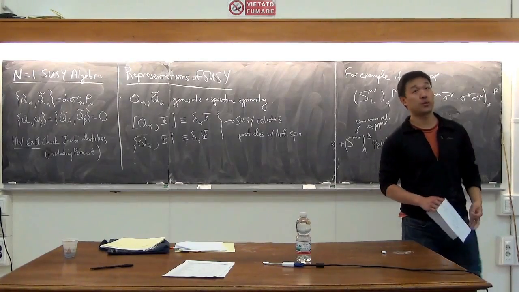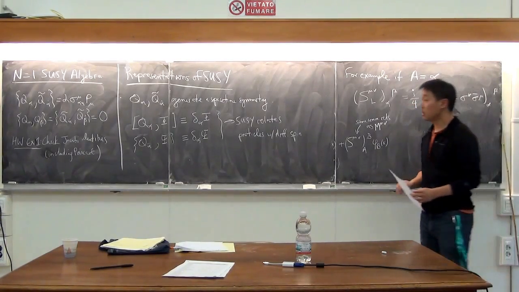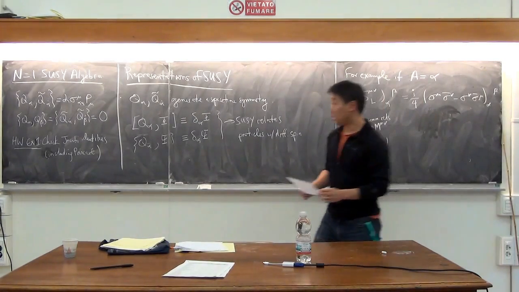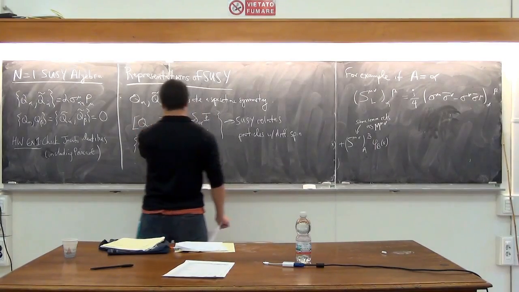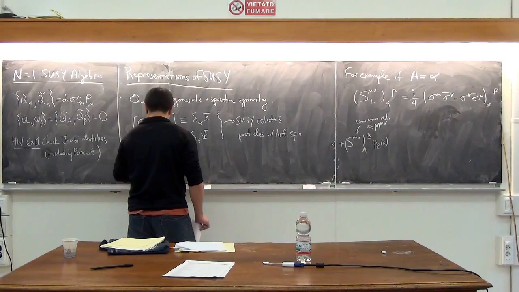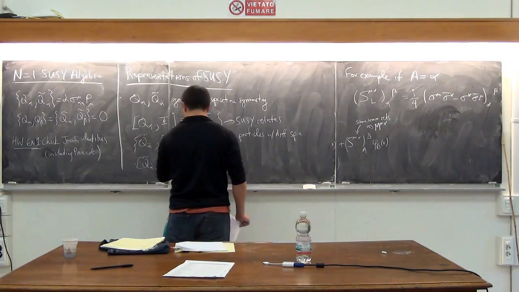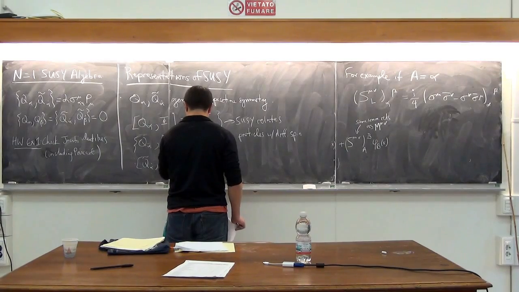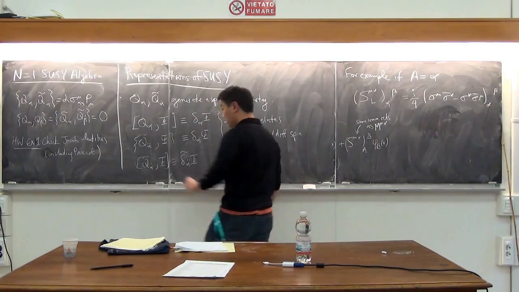Okay, so a supersymmetry transformation will in general change the spin. And we have two kinds of SUSY transformations: the left-handed ones, and the right-handed ones.